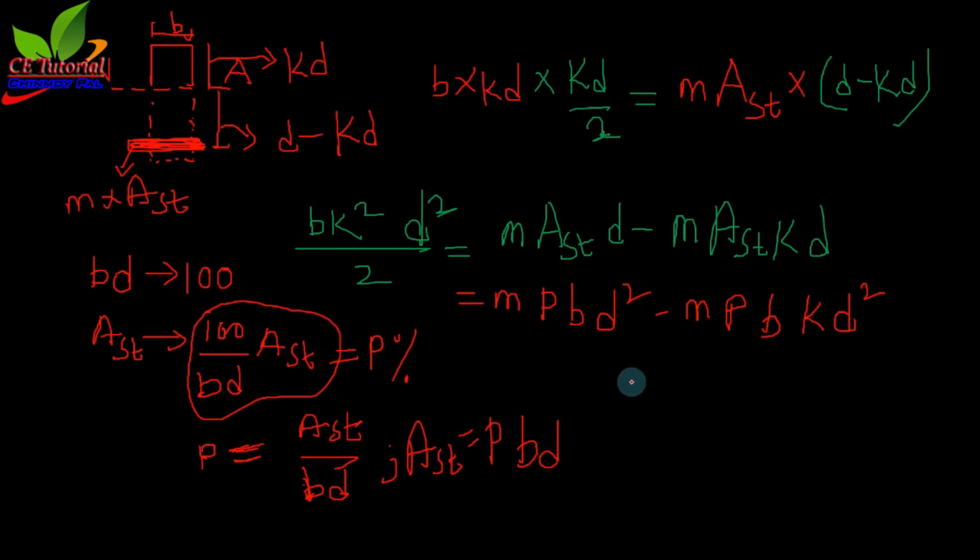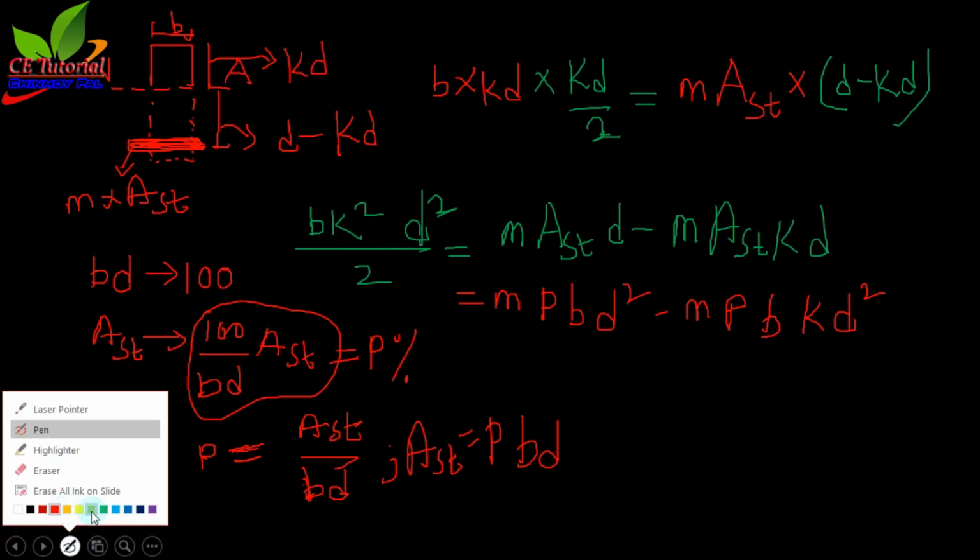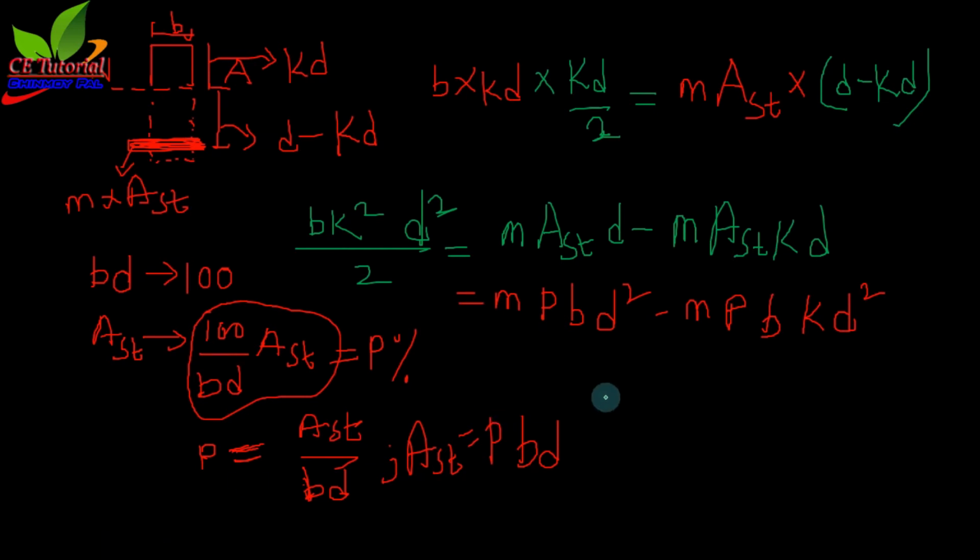Okay, so this formula, if you simplify, then you can get the simplified formula: K square minus 2K MP minus 2MP equals 0.